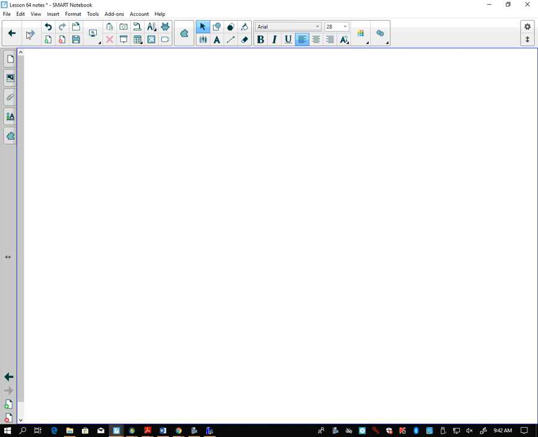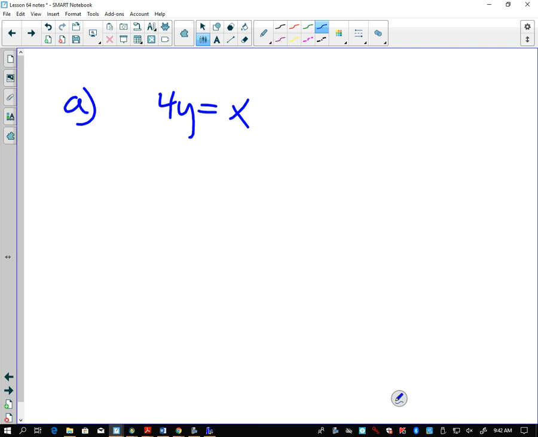Okay, let's take a look at maybe something like A, where we see 4y equals x. Notice how they ask, is this an inverse variation? Well, real quick, what is our equation for inverse variation? It's y equals, is it kx or is that direct?